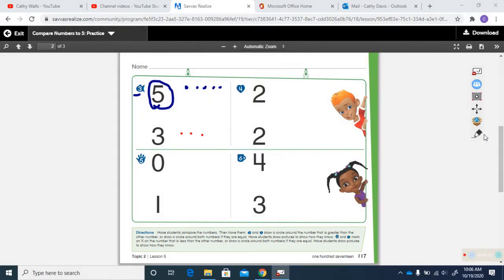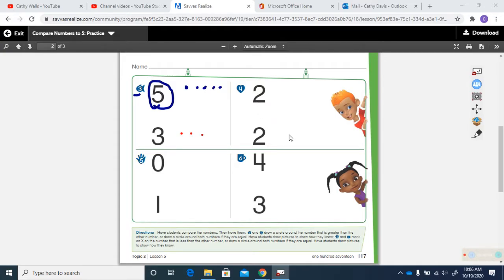When I look at the picture, I can tell that I have more blue dots than I do red dots. So I know 5 really is greater than 3. After you pause the video and draw your dots, look at the next one.